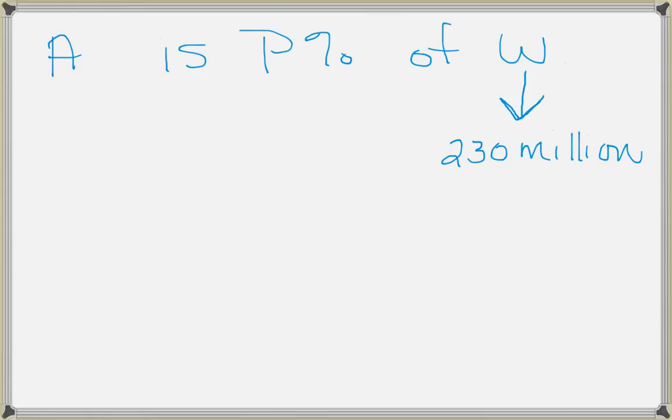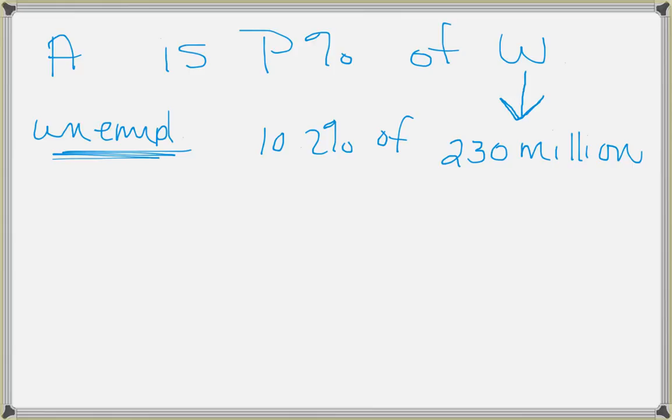You've got the 10.2%, and you're trying to figure out the piece, which would be the unemployed. So unemployed people is what we're talking about for the amount here. So this is our template. That means that the unemployed is A, 10.2 is the percent, and 230 million is the W. So all we have to do now is fit it into our template and do the math.